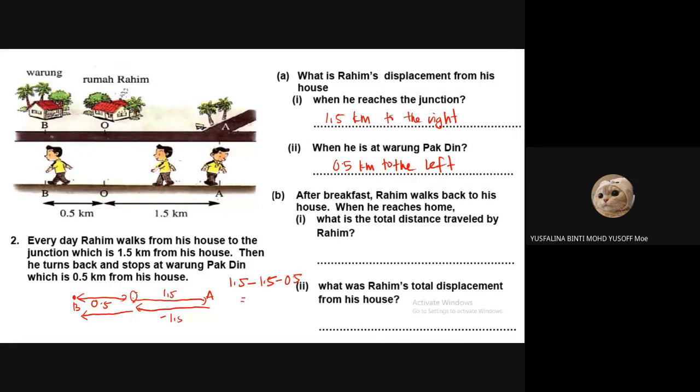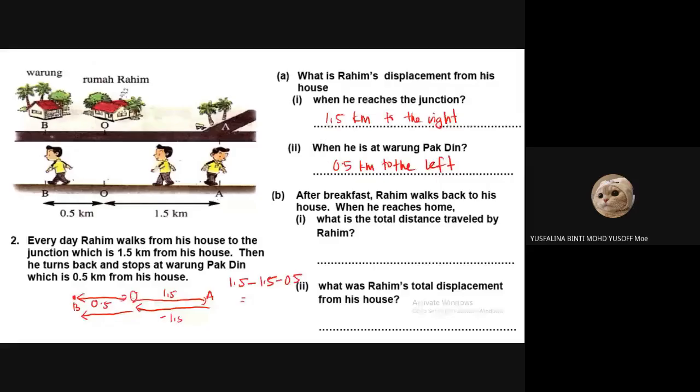Are you clear? I repeat again. First, it goes from O to A, 1.5. Then it turns back, which is reverse, meaning backward, so backward means negative 1.5. Then 1.5 to the Warong at 0.5 km, so now it becomes negative 0.5.